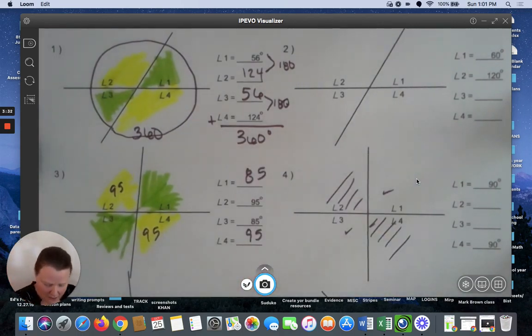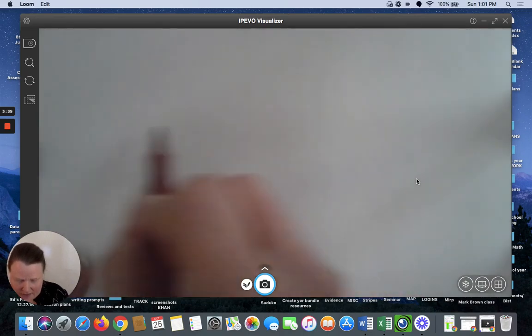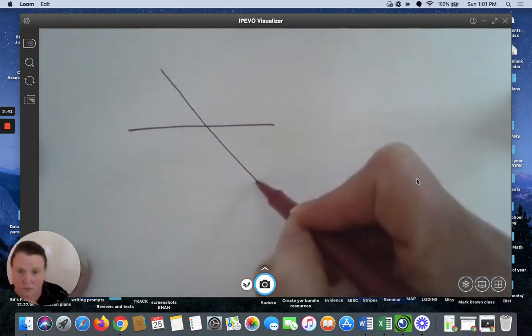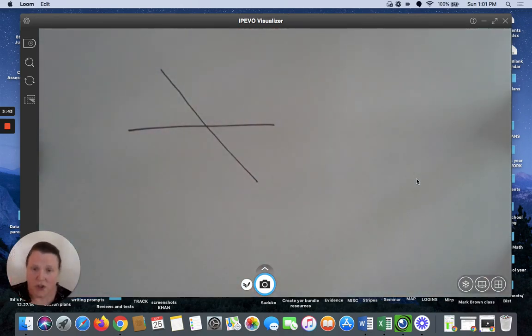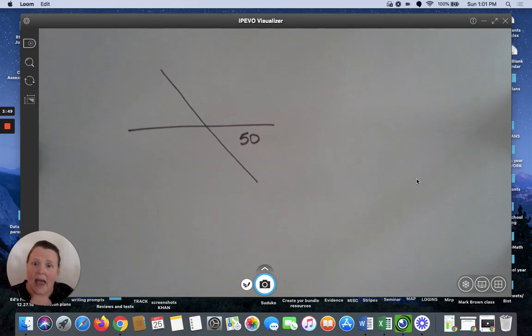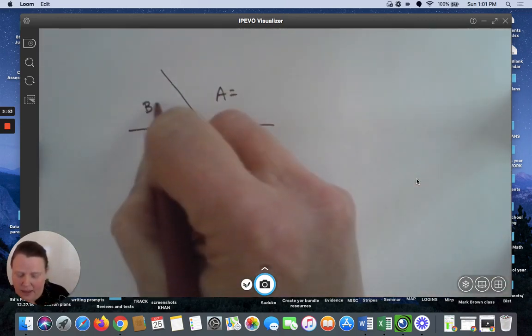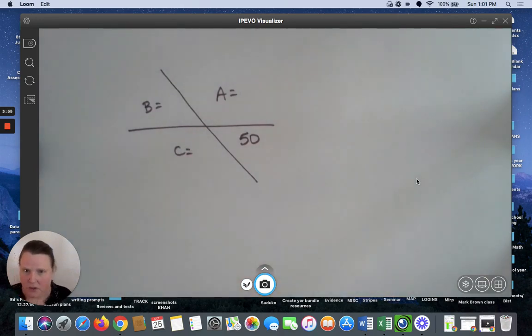So if I were to randomly draw you a problem, say for instance, I drew one that is slanted the other direction, the first thing I would suggest you do if I say, oh, I think this is 50 degrees. And how are you going to tell me what angle A equals, what angle B equals, and what angle C equals? And so you should be able to use what you have already learned about complementary or supplementary and vertical angles today.